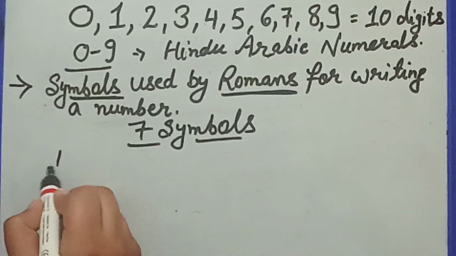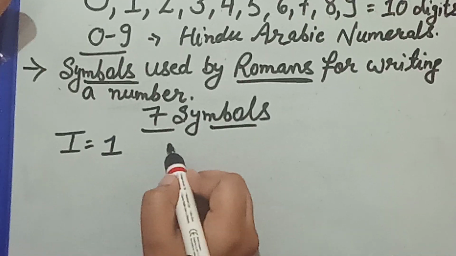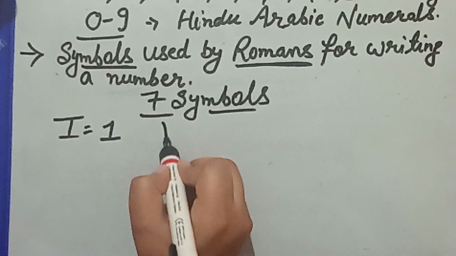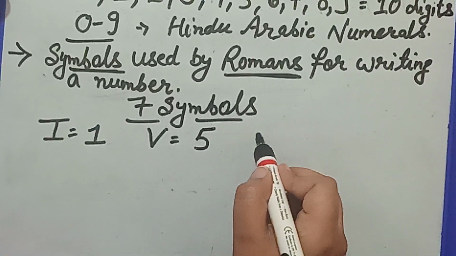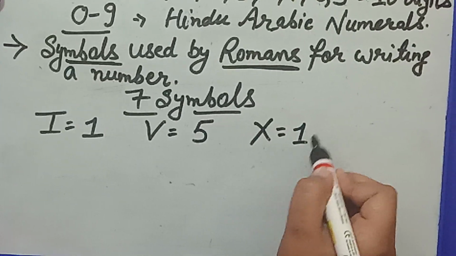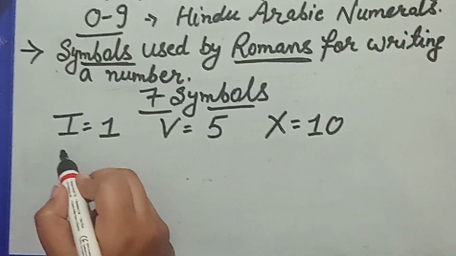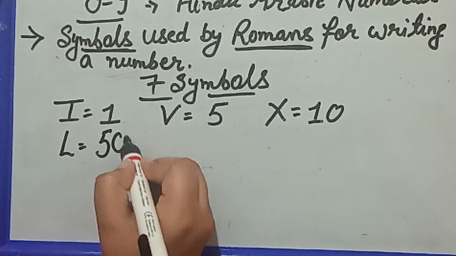First symbol is I, which means 1. Second symbol is V, which means 5. Third symbol is X, which means 10. Then we have L, which means 50.